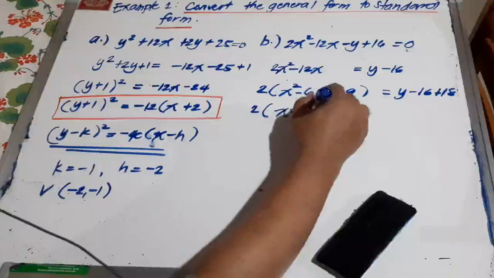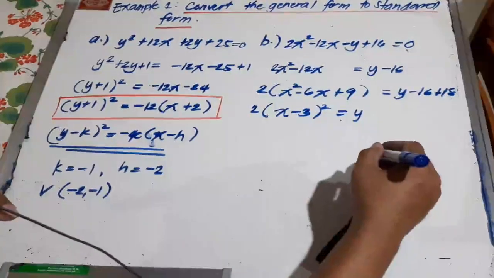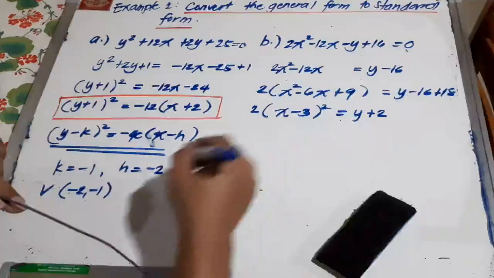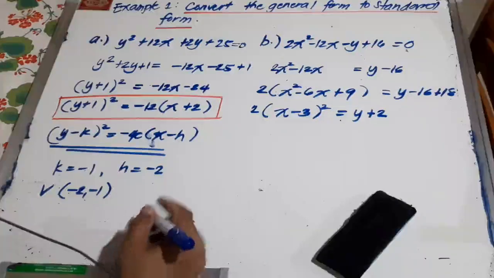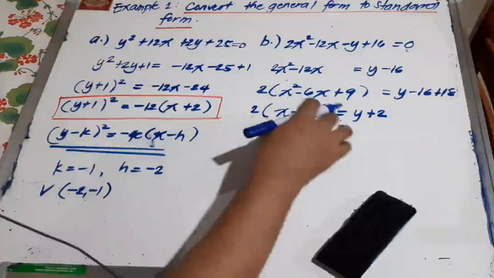We have x minus 3, square of that. So we have y, this will become positive 2.